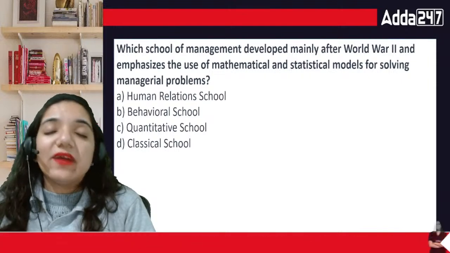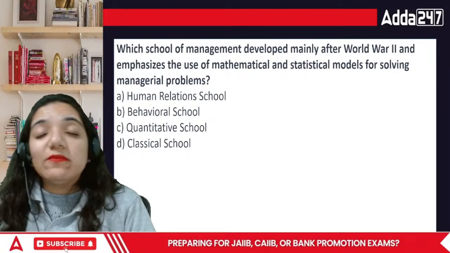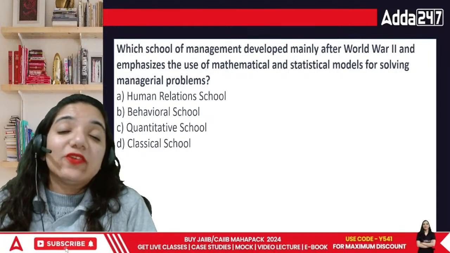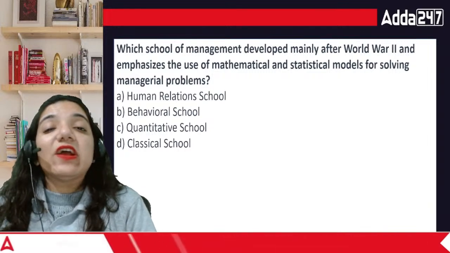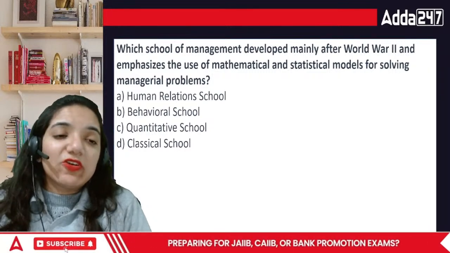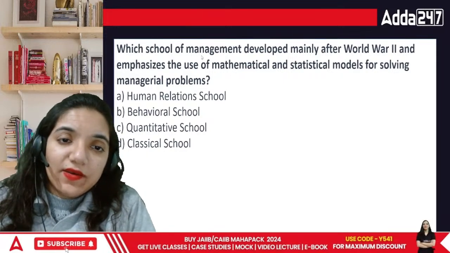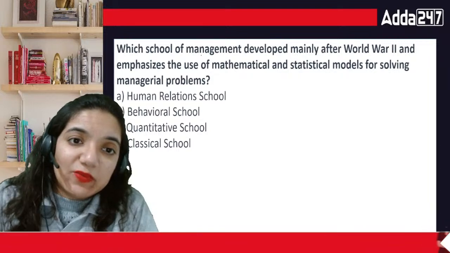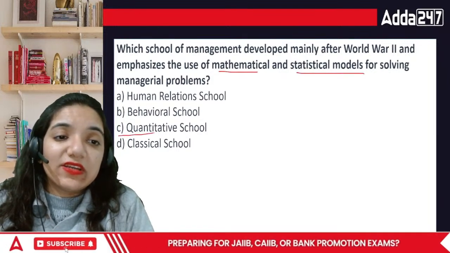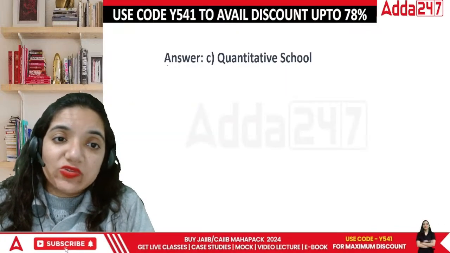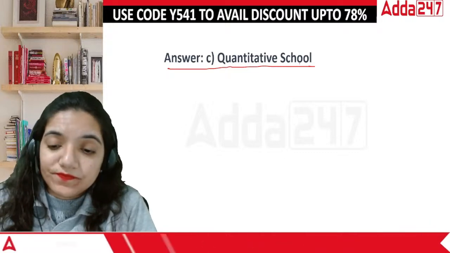That was the reminder that humans will interact and their interaction will either motivate them, their working style will be different. All those things are inculcated in this area. Then we have the behavioral school, which talks about the behavior of the people, and then the quantitative school. In this case, what would be the answer, everyone? If I talk about mathematical and statistical models, it's the quantitative school which satisfies the entire point, isn't it?